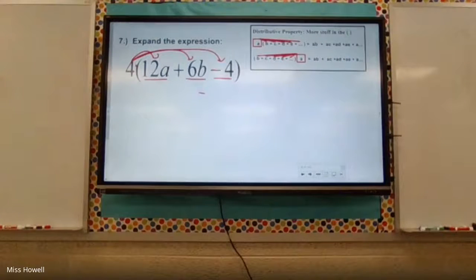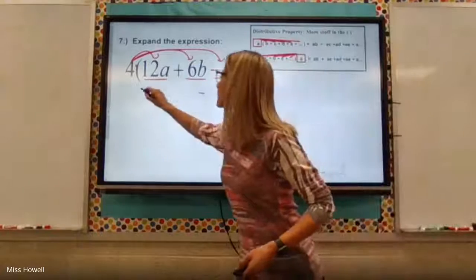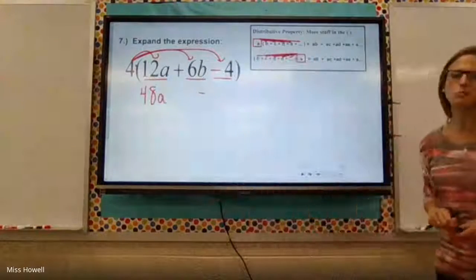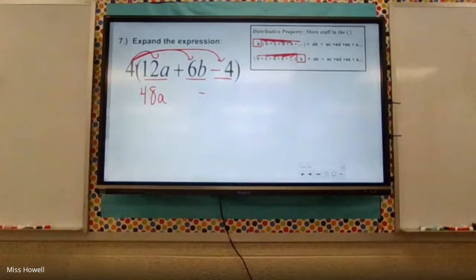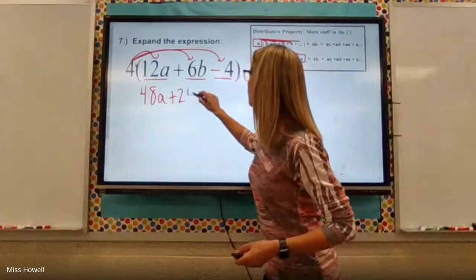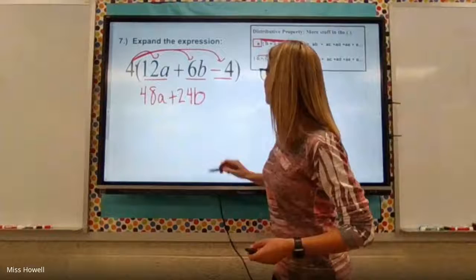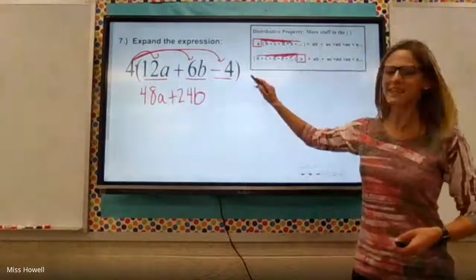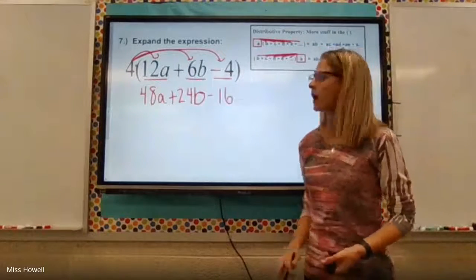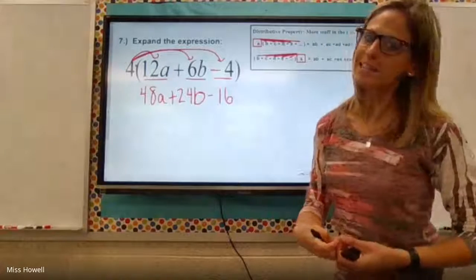All right, 4 times 12a would just give us a 48a. 4 times 6b would just give us a 24b, a positive 24b. And then 4 times -4 would give us a -16.